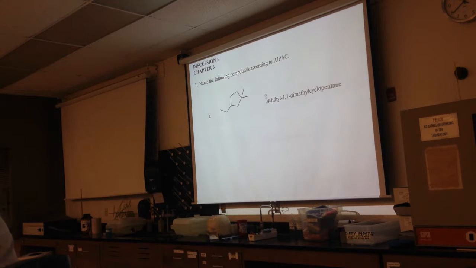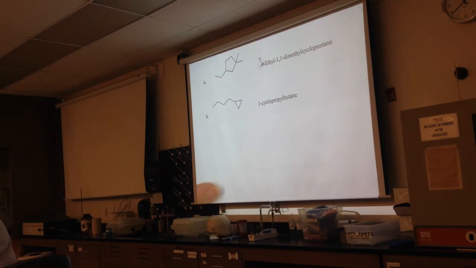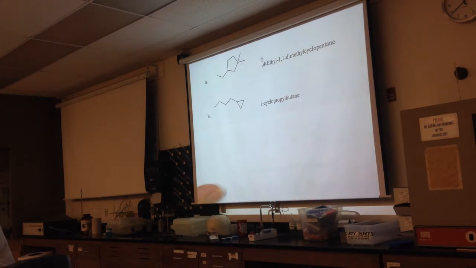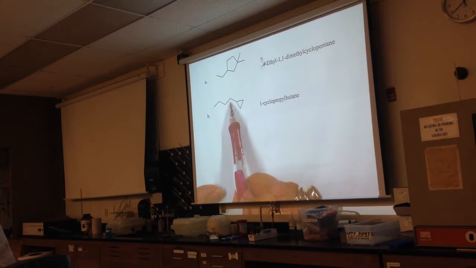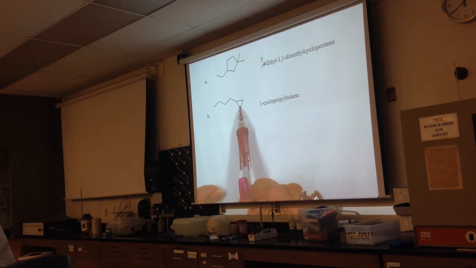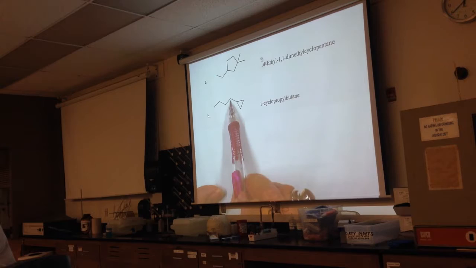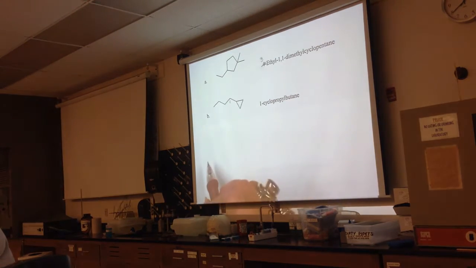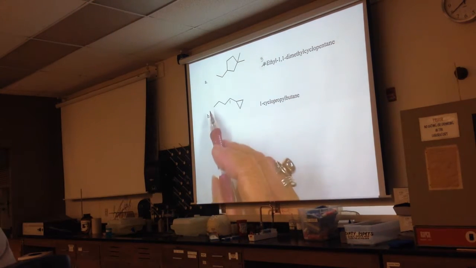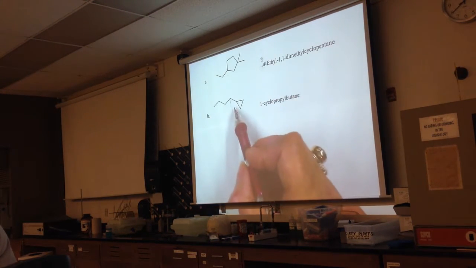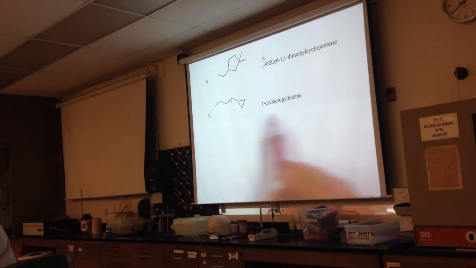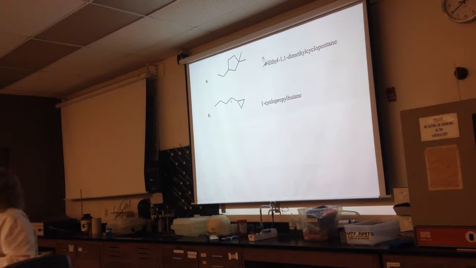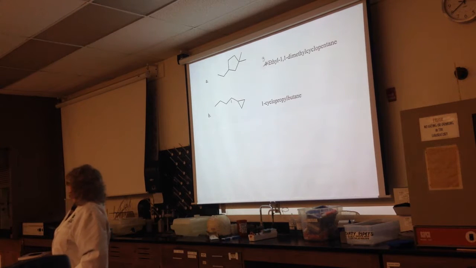All right, we'll go to letter B. And letter B, here's the story again. This is the point of attachment. You've attached that ring to that carbon. So it is this ring that is attached to this carbon. This becomes now your carbon number 1. And then you're looking for the longest continuous chain. So 1, 2, 3, 4. Butane is the parent. On carbon 1, you're putting a cyclopropyl.